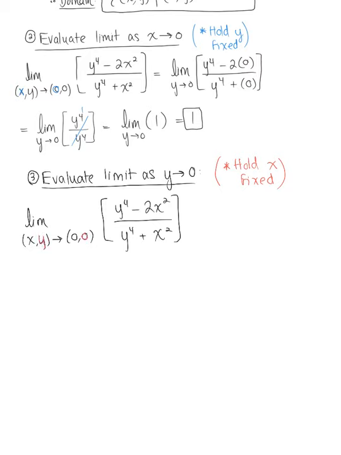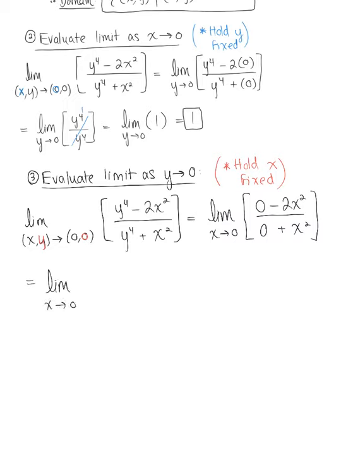So we're substituting in 0 for y. We're left with a single variable limit as x approaches 0 of 0 minus 2x squared, all divided by 0 plus x squared, which simplifies to the limit as x approaches 0 of minus 2x squared divided by x squared.